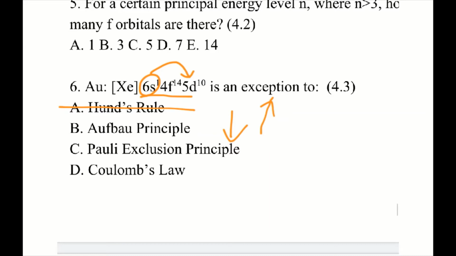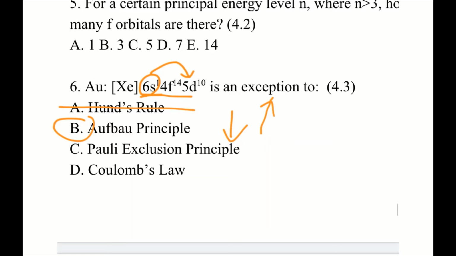Because it decided to take 1 electron and move it up to a higher energy level, this violates the Aufbau principle, since the lower electrons are not filled first: the 6s1 is not completely filled and it decided to go straight to the d sublevel. And that's a violation of the Aufbau principle.